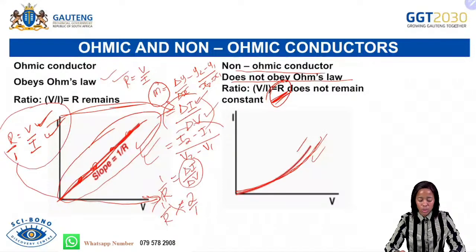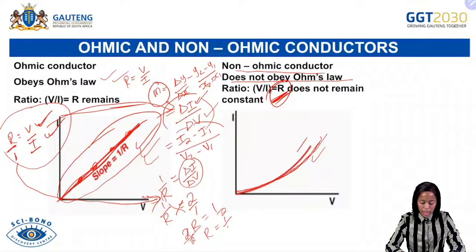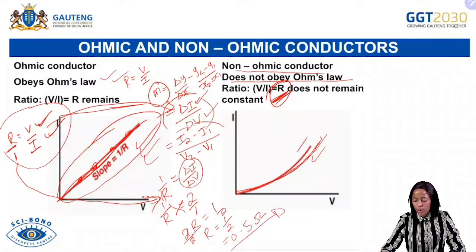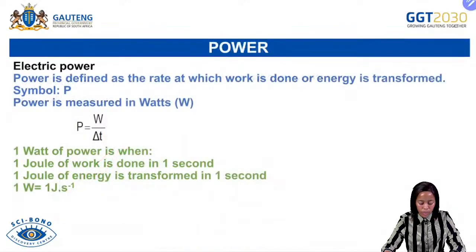You are going to cross multiply, whereby you have 2R is equal to 1, and when you divide by 2 on both sides, your R is a half, which is the same as 0.5 ohms. So just make sure that you know how to use all the graphs that we have there.